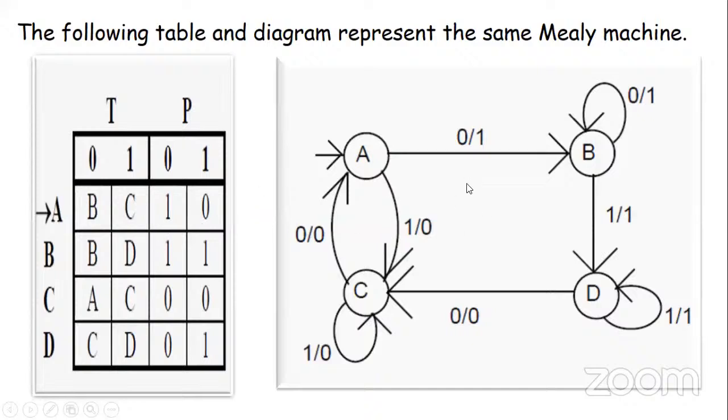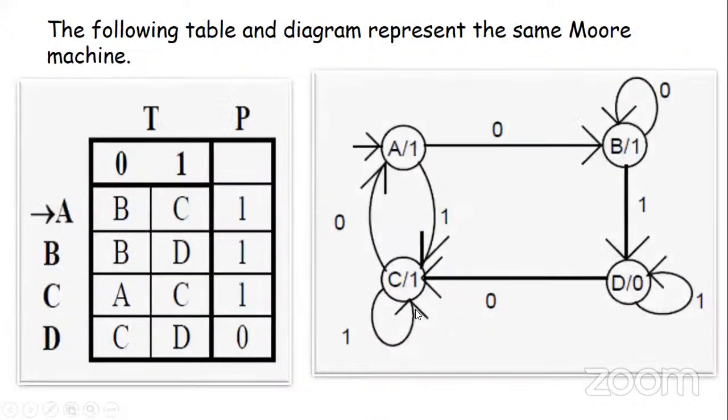I'm sure you still remember how the table works now. I'm just doing a form of recap. Say you are at A, you receive an input of 0, you output 1, and you go to B. I'm sure you are still conversant with that, as I explained that this morning.